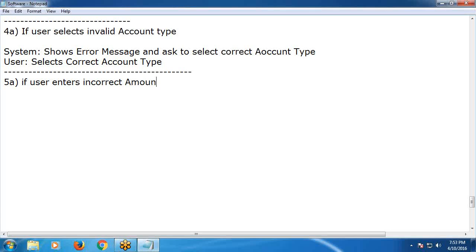For example, incorrect means more than the balance. Suppose my balance is 10,000 and I entered 14,000. So more than the balance. This is one scenario. More than the balance amount.